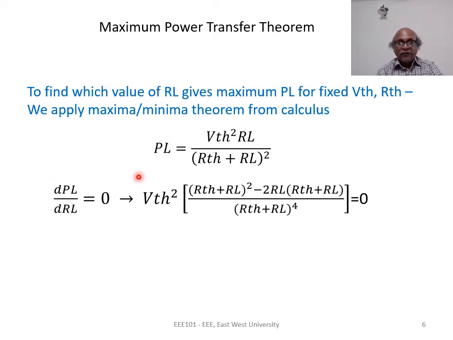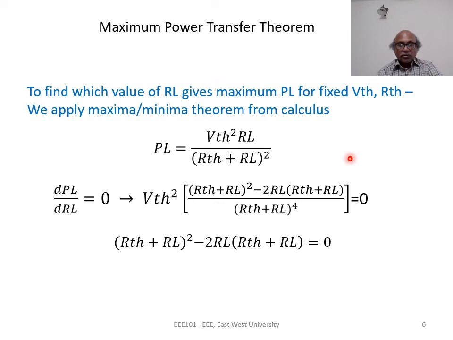In the expression of PL, we have RL both in the numerator and in the denominator. Using U by V technique, we can differentiate that and we get this expression. This expression is 0 when the numerator within the bracket is 0. So from the numerator, we get this equation.